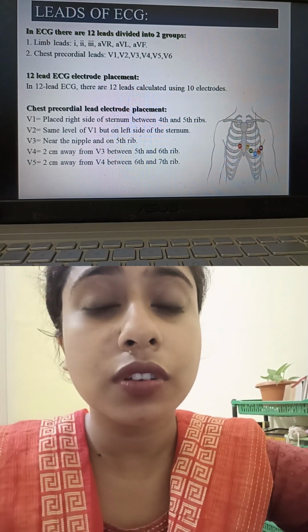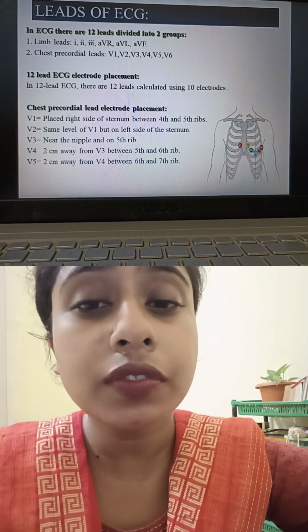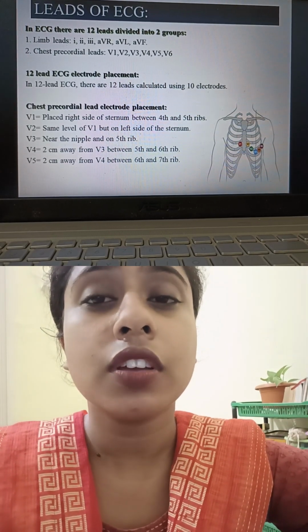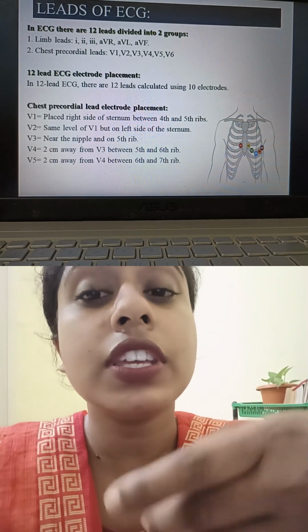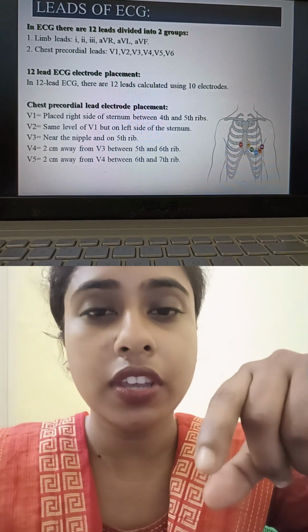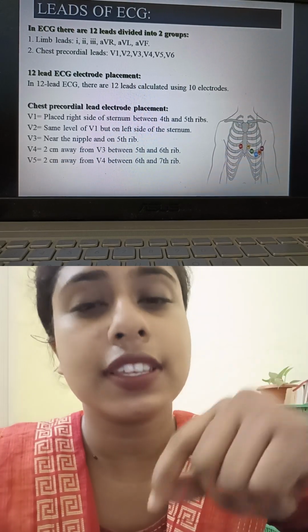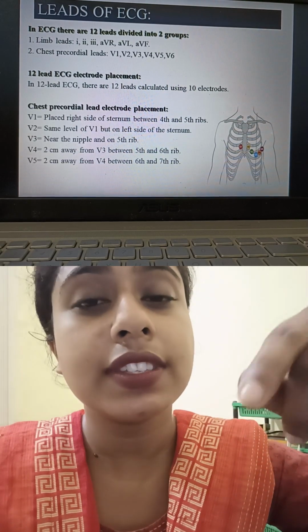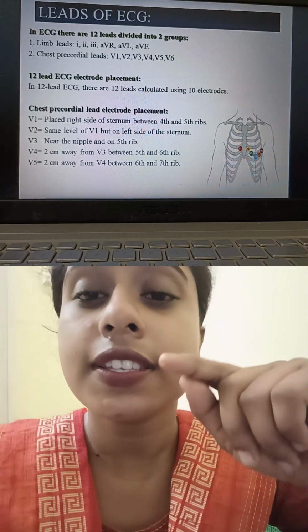V4 will be placed 2 centimeters away from V3. V3 was placed over the 5th rib, no? And next, V4 will be placed 2 centimeters away from that V3, between the 5th and 6th rib, which is the 6th intercostal space.